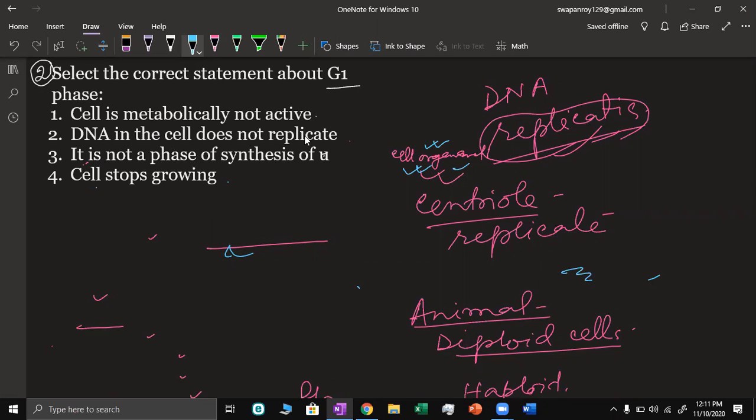Okay, question number two, which is correct about the G1? The cell is not metabolically active; the DNA in this cell does not replicate; it is not a phase of synthesis of cell organelles or macromolecules; the cell stops growing. Think quickly, which one is correct for the G1?